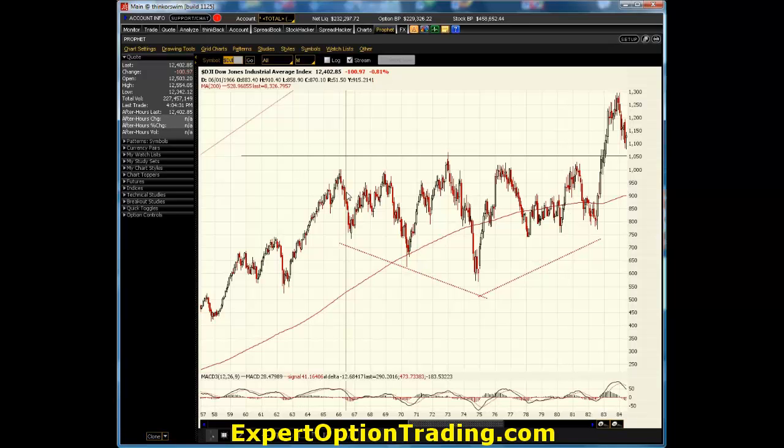That's 17 years of sideways action. Now we had a number of different rallies, and we had some declines, we had some rallies, we had some declines. But for 17 years, prices basically didn't do anything. And look what happened.